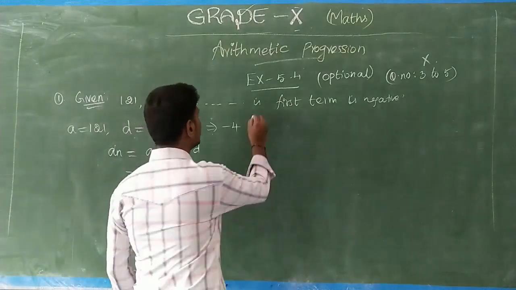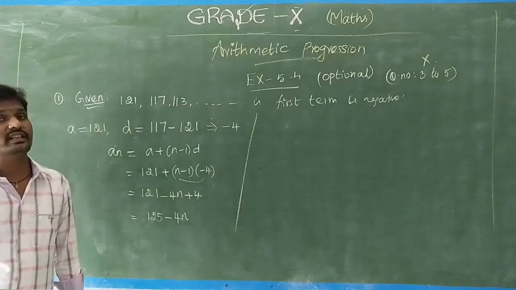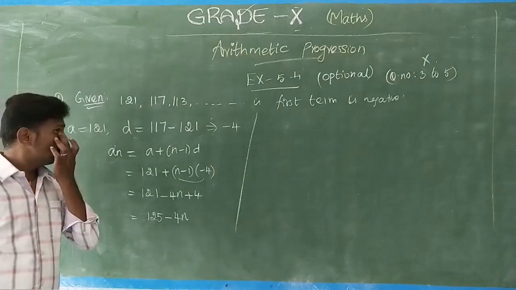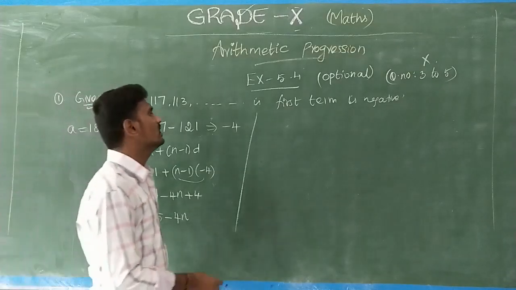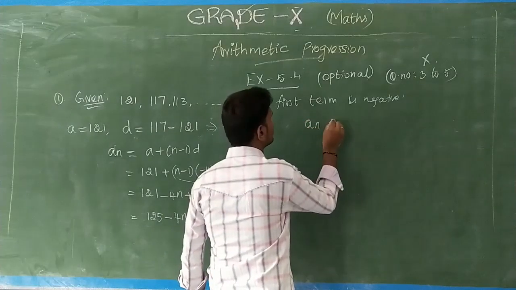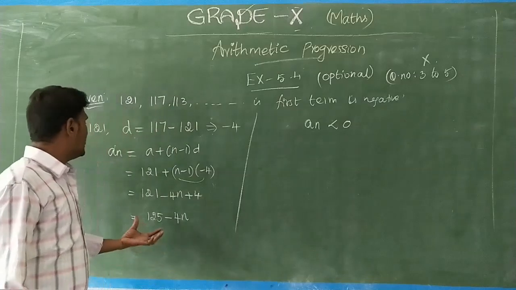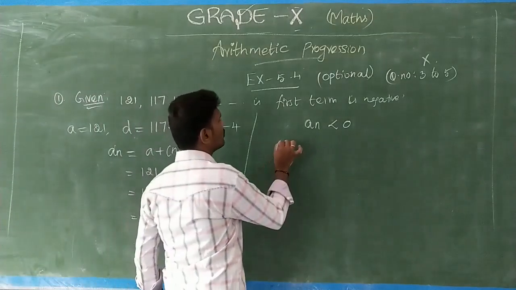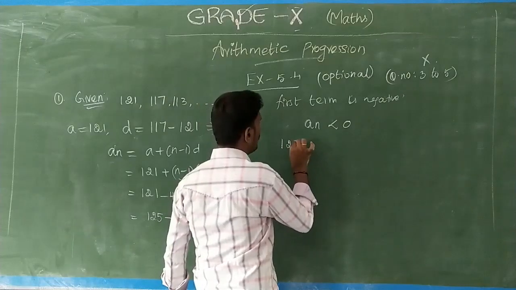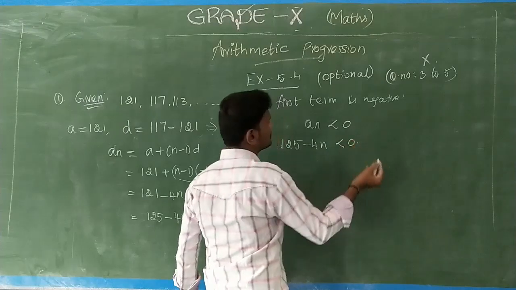This is your nth term, but the question asks which term is negative. Negative term means what, students? Less than 0. So I take An less than 0. We found An is 125 minus 4n, so 125 minus 4n is less than 0.